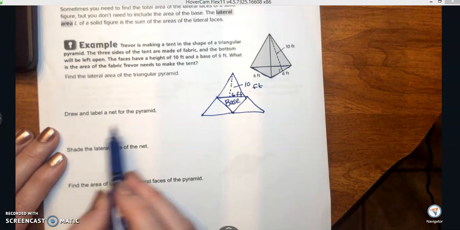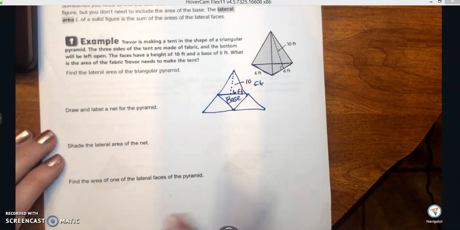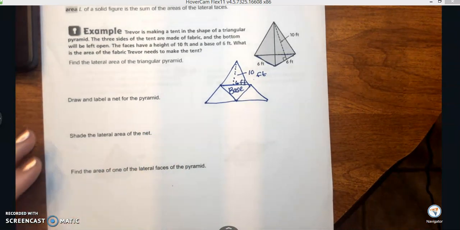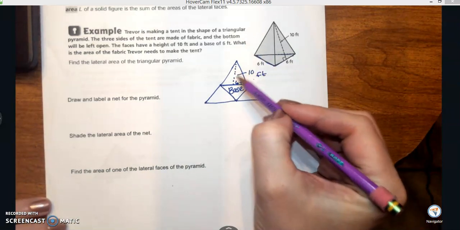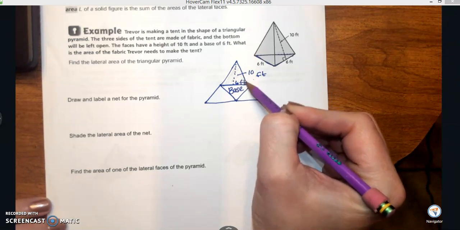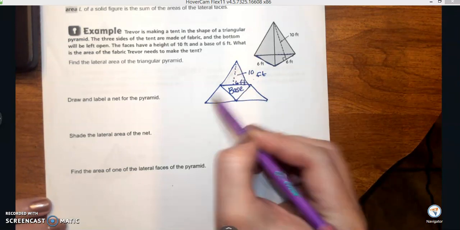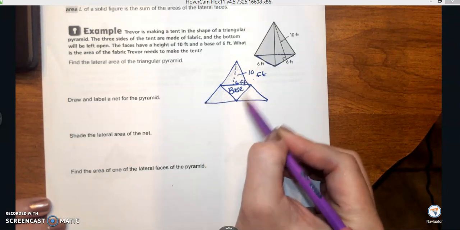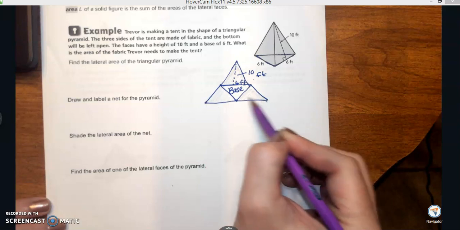Okay? So there I've drawn it and I've labeled it. So now we're going to shade the lateral area. I have a pencil and I'm going to lightly shade so that I can still see what I've labeled here. So we're shading these 3 triangles.